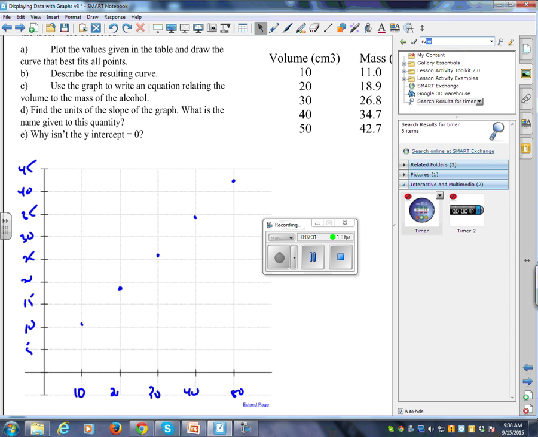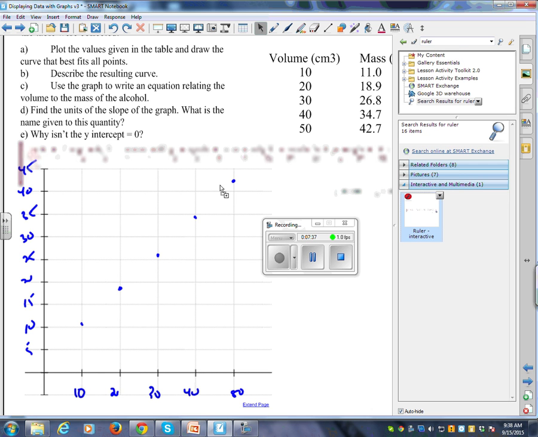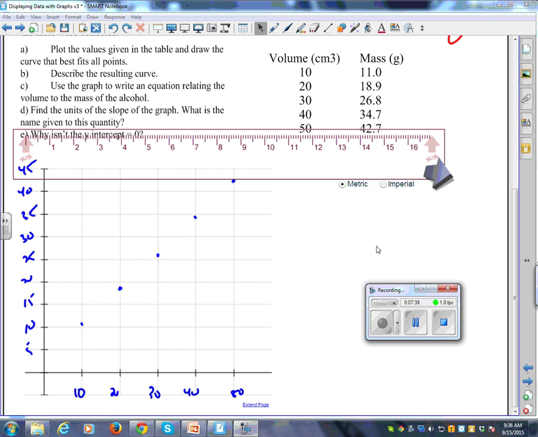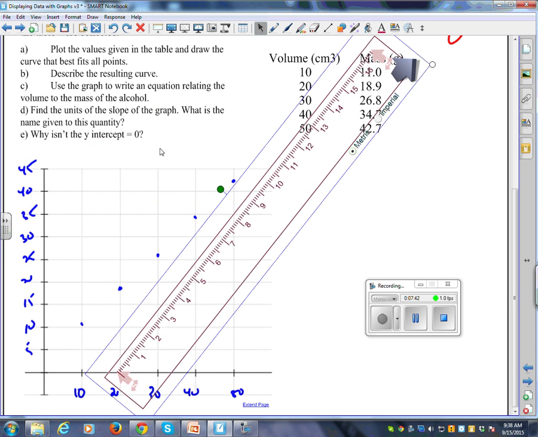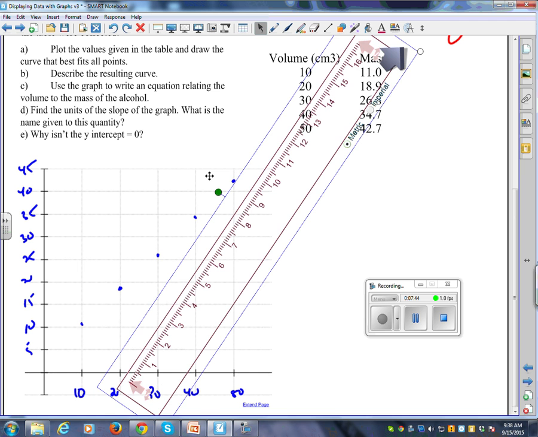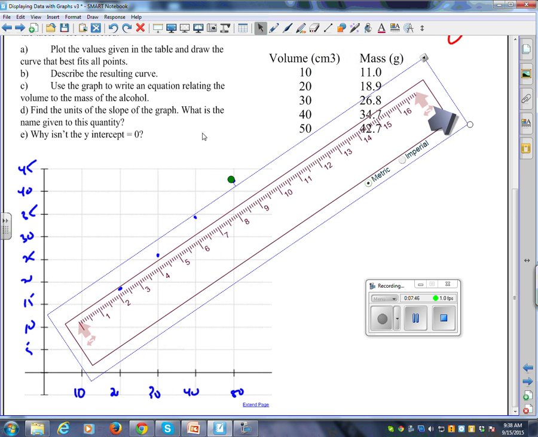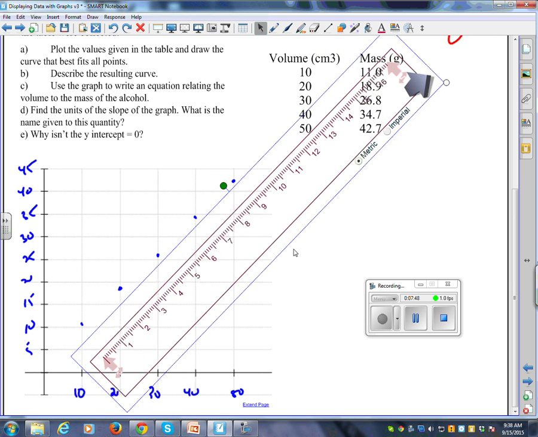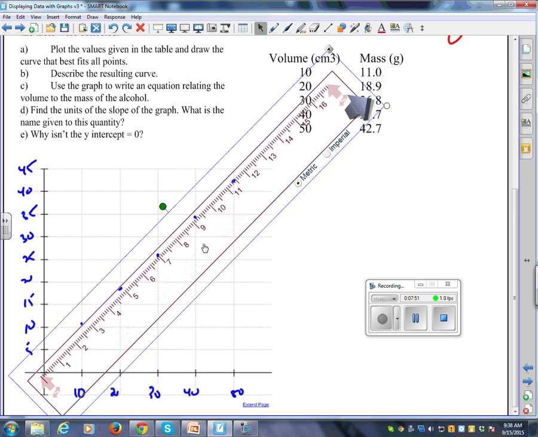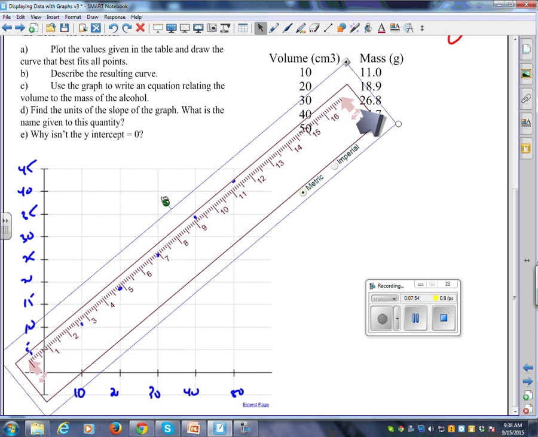But I can do this. Basically, you go in there with your ruler and you just estimate with your eyeball the line that goes through as many data points as possible, or as close to.